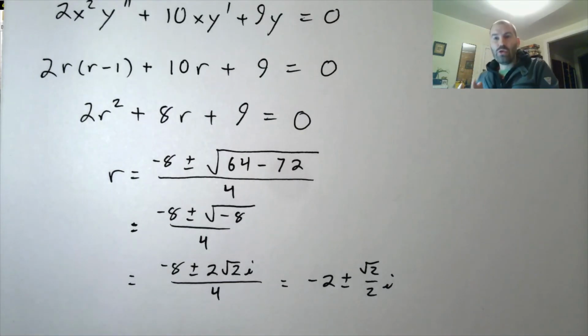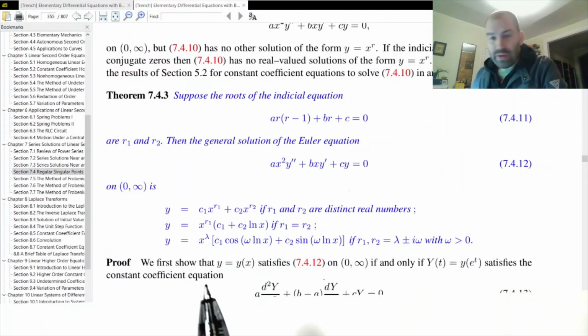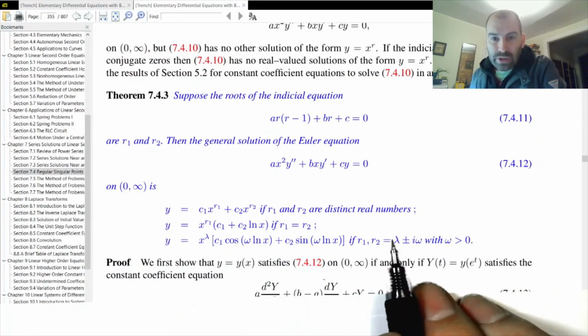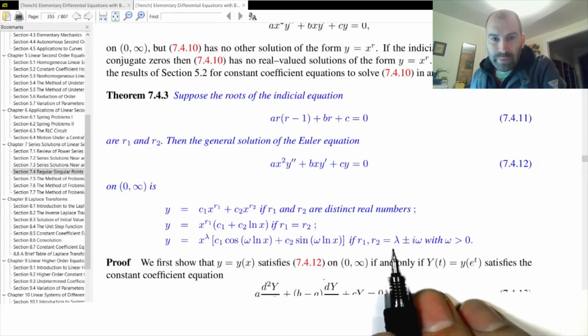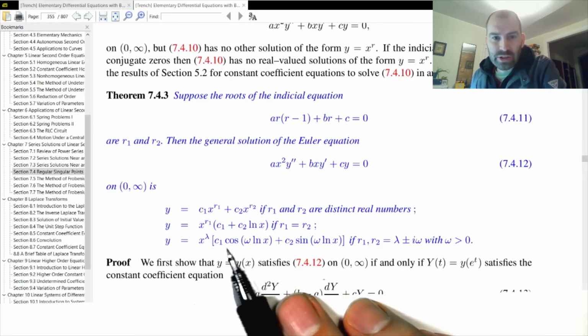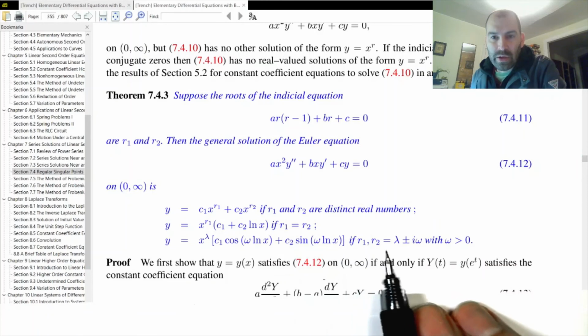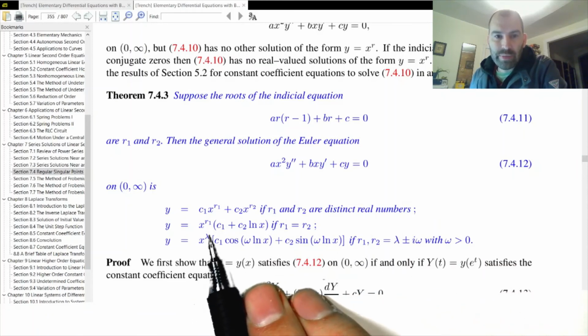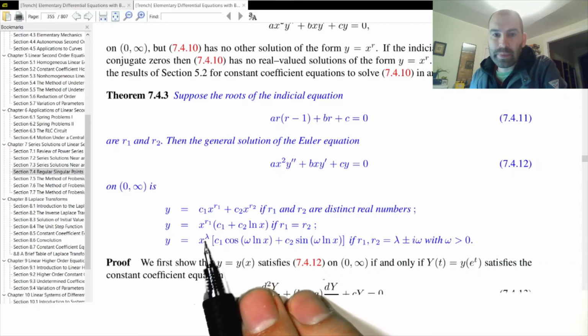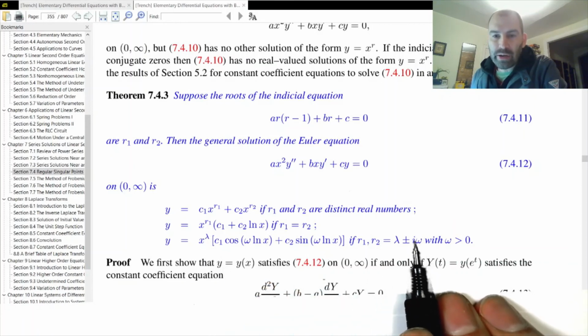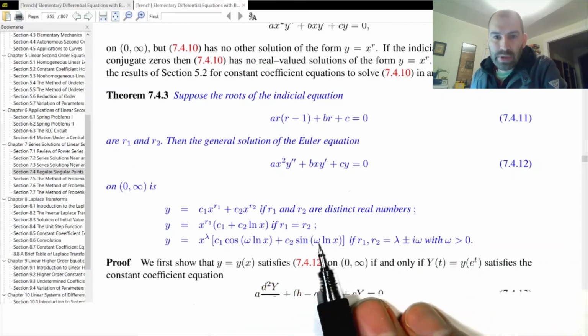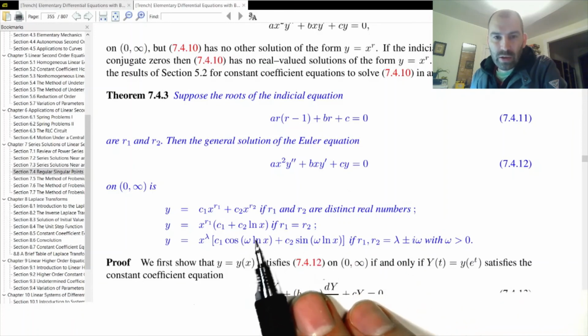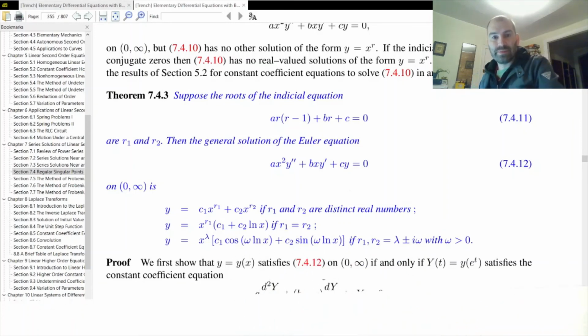Okay, so we got two complex roots here. Okay, so what do we do in this case? We go to our theorem and we see what we should do. So if the roots have this form, we're going to write our solution in this form. Okay, notice the real part of the complex root becomes the exponent. The imaginary part of the complex root gets multiplied by log x inside cosine and sine.